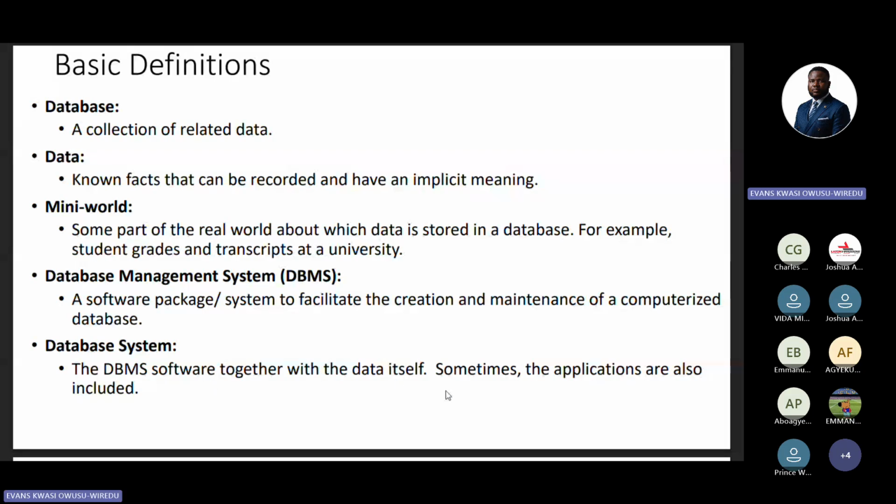And they are saying that sometimes the applications are also included, which means it is also used interchangeably. But for the purposes of your exams, try and know the difference. DBMS should obviously be the mother, and then database system should be one of the children, for the purposes of memorization. All right. So we move.